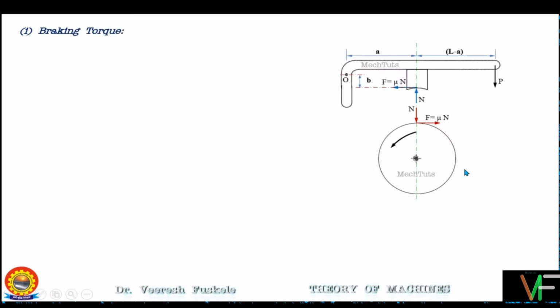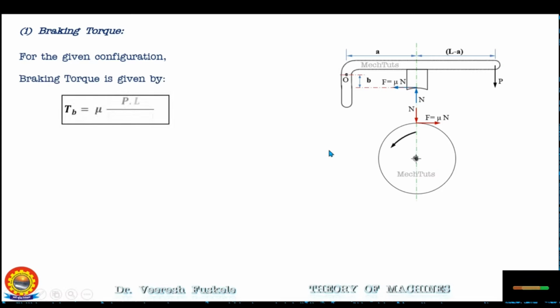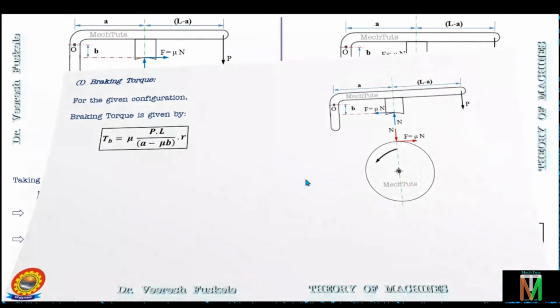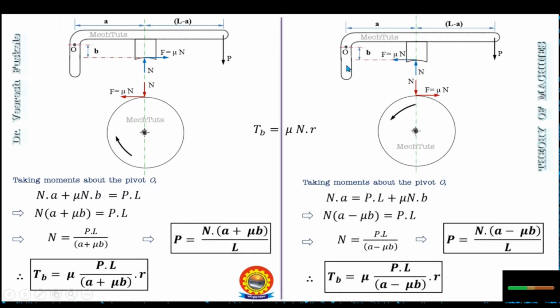So we have to find the braking torque, and for this configuration the braking torque is given by TB is equal to mu PL R upon A minus mu B. This equation we have already derived earlier as shown here for the anti-clockwise rotation in this configuration.